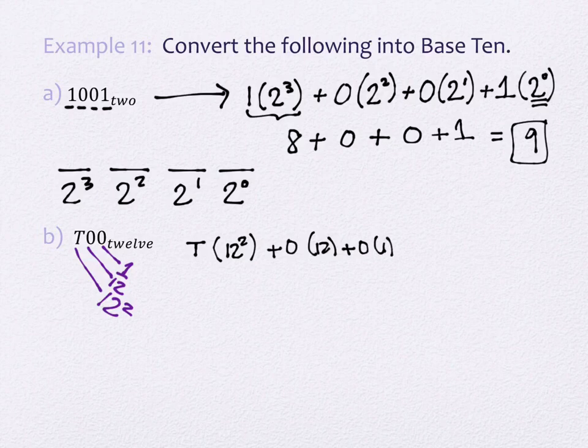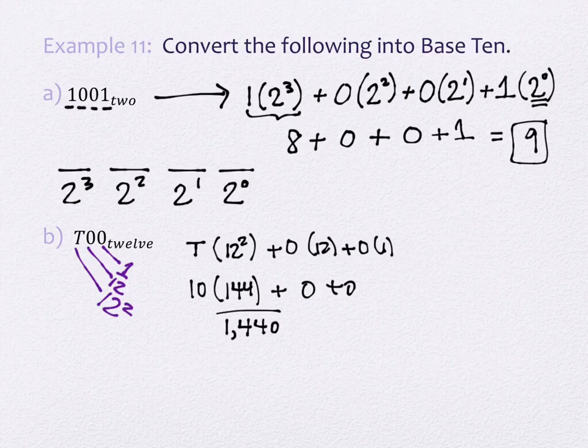But what's T? T is 10. So I have 10 times 12 squared, which is 144. And these are both zeros at the end. So what is 10 times 144? Yeah, 1,440.